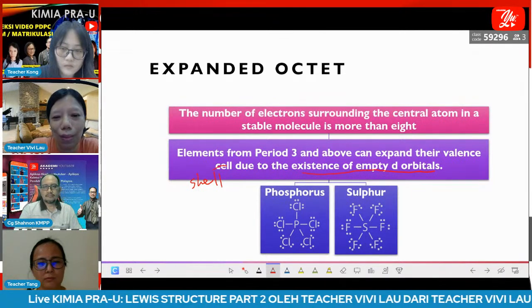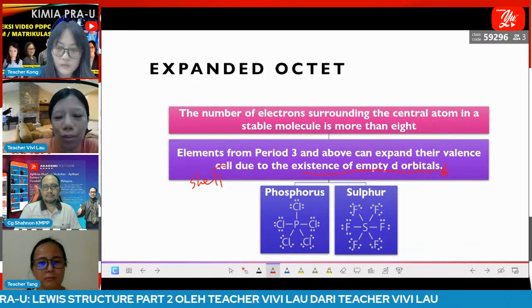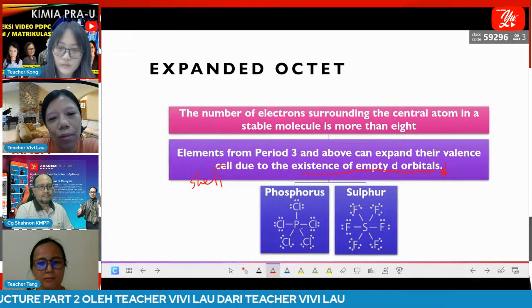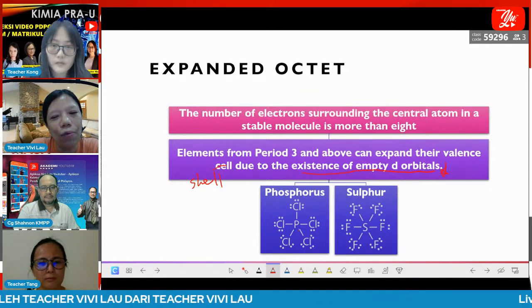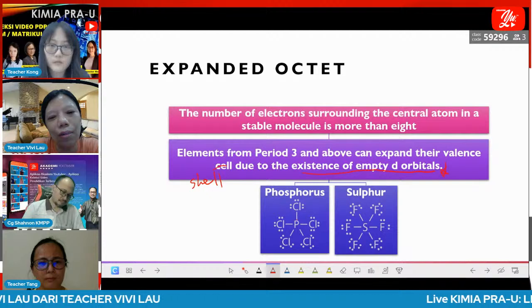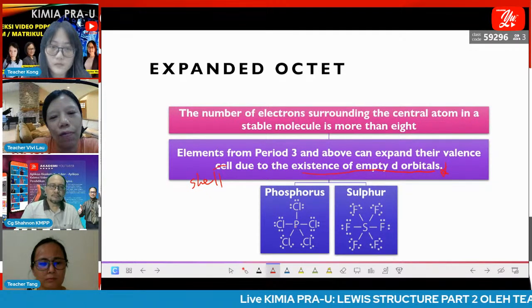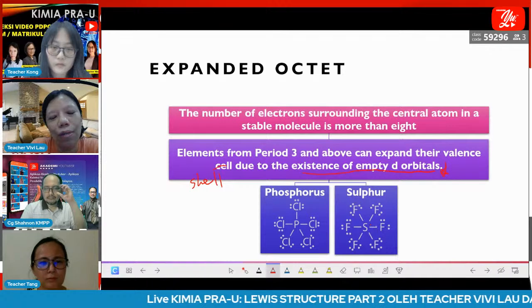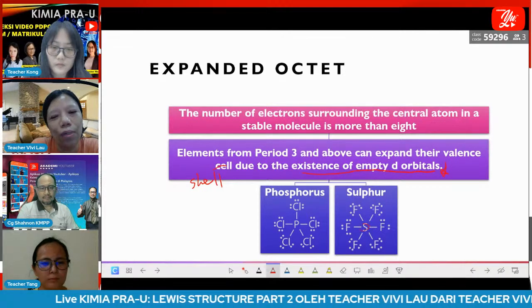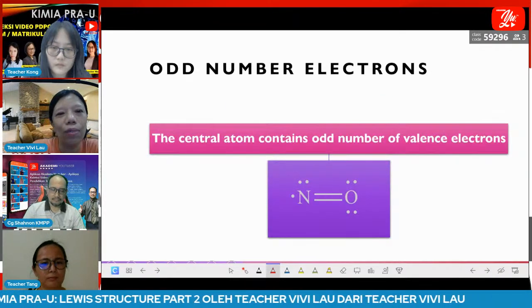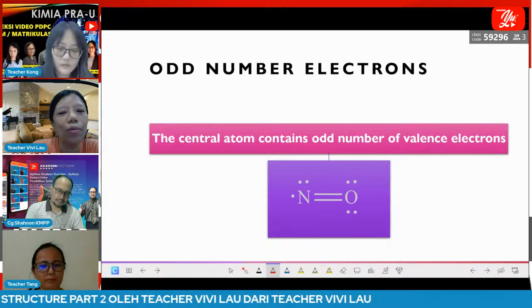For example, PCl5, phosphorus pentachloride, has 10 electrons at the phosphorus, and sulfur hexafluoride has 12 electrons at the sulfur. So that is expanded octet.